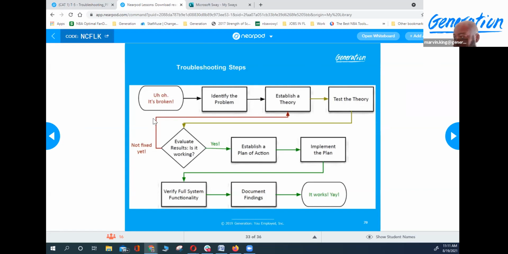If it's not working, we got to go back. We got to establish another theory. You can't keep going, right? I think you know that. As we realize that it is working, now you can establish a plan of action, implement a plan, verify full functionality. Document is the big part for me. And it's because there's a strong likelihood that this happens maybe again.